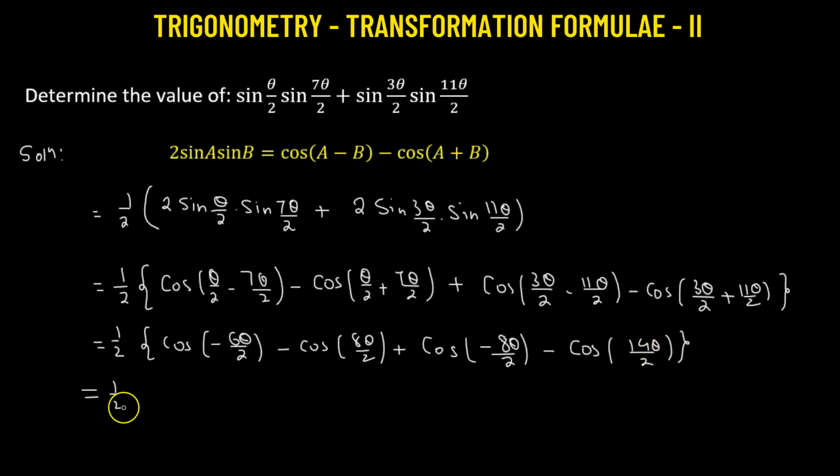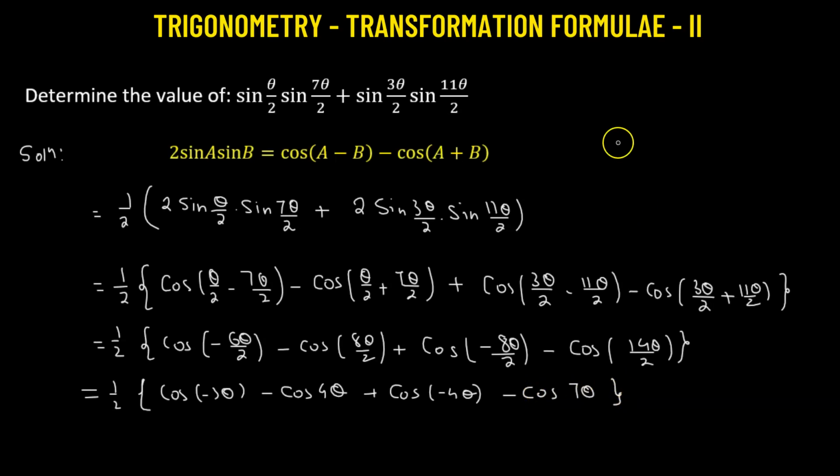Further simplification gives us cosine of negative 3 theta, minus cosine of 4 theta, plus cosine of negative 4 theta, minus cosine of 7 theta.